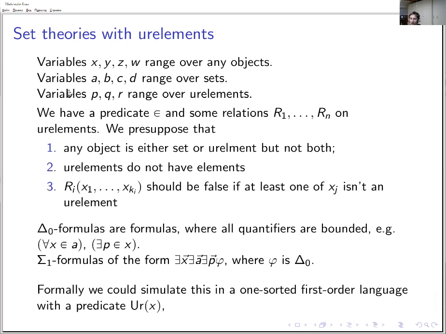And quantifiers over urelements would be interpreted like this: for example, there exists an urelement means there exists an object such that the object is an urelement and so on. So there exists, so not 'then' but 'and'. So it could be done very straightforwardly.